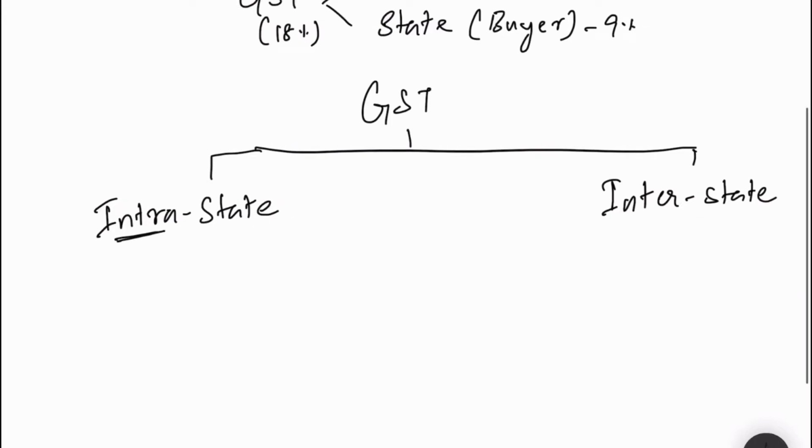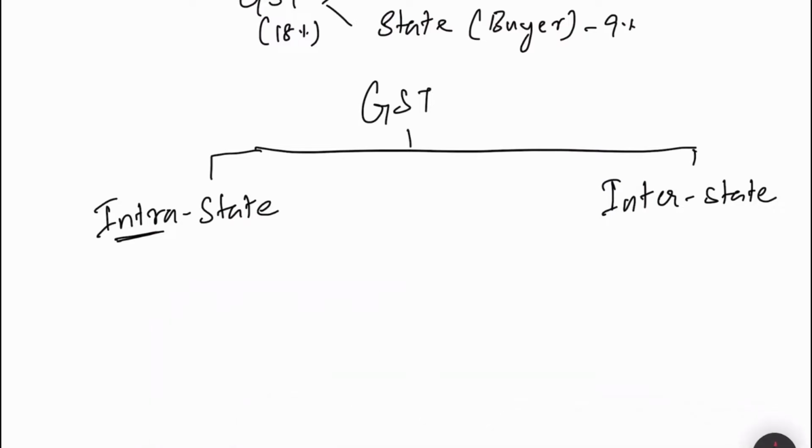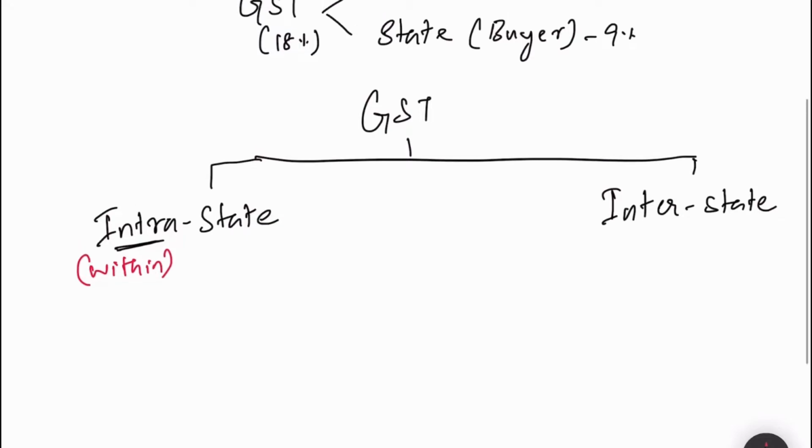Intra means within, inter means between, which means that both buyer and seller are in the same state. If buyer and seller both are in a single state, then that is called an intrastate transaction.